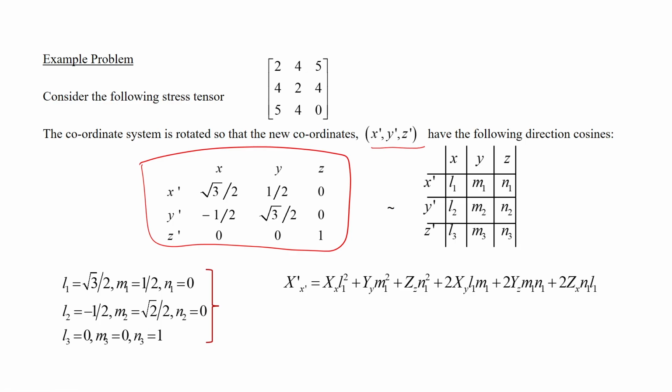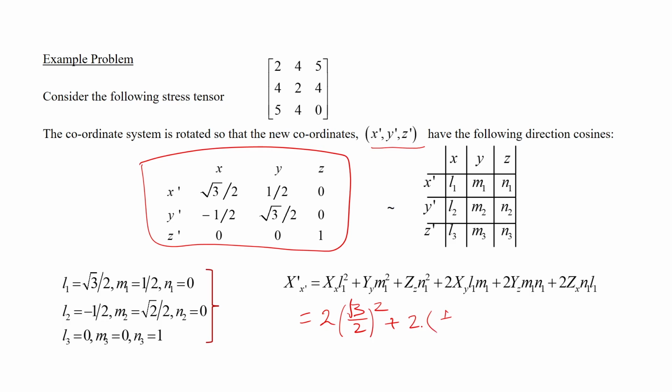So, sigma x dash x dash is equal to sigma xx L1 square, where sigma xx is equal to 2 here, and L1 square, that is root 3 by 2 squared, plus sigma yy, which is equal to 2 here, times M1 squared.